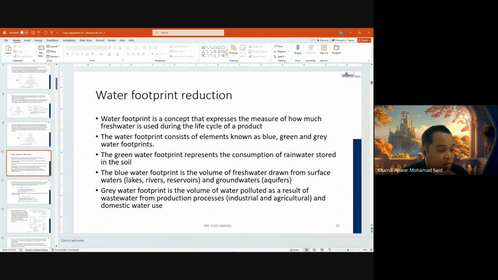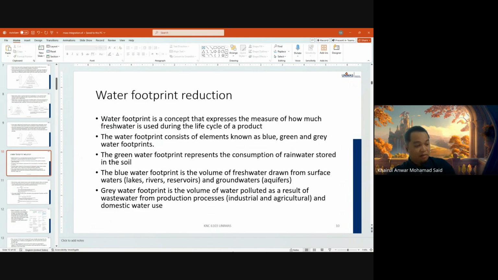So green water footprint, or soil moisture, is the volume of rainwater stored in the soil that is evaporated, transpired, or incorporated by the vegetation, the plant. How is it relevant to industry? It is highly relevant to bioenergy, agricultural raw material, or forestry feedstock.